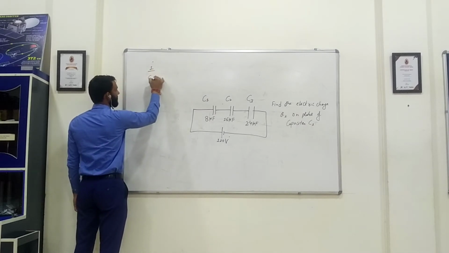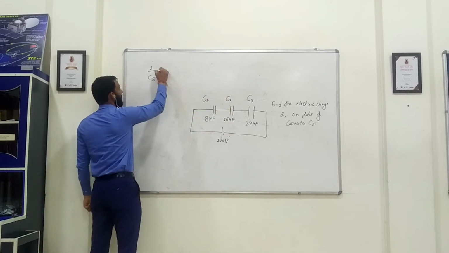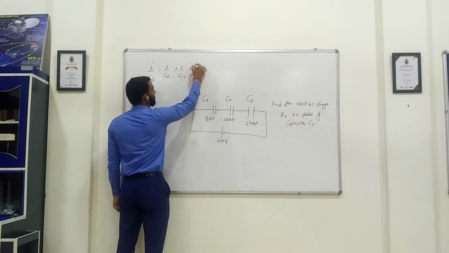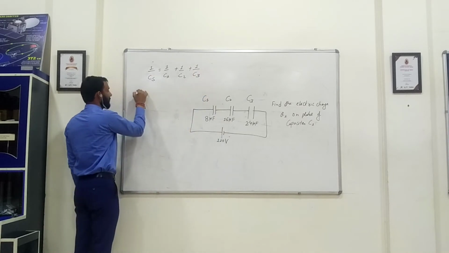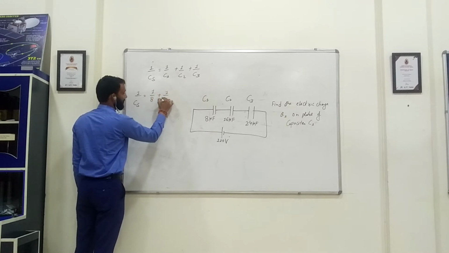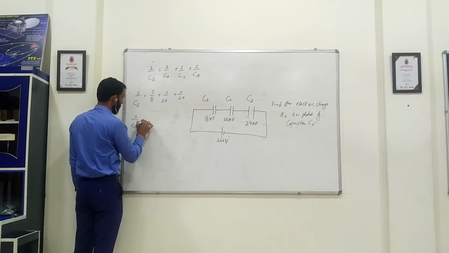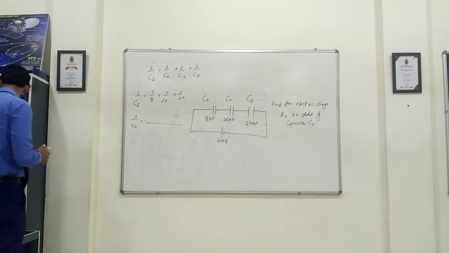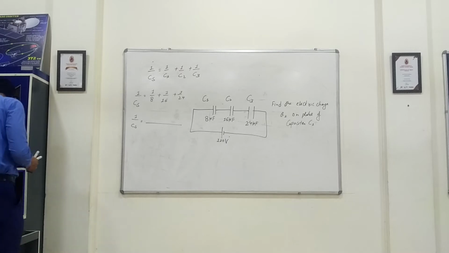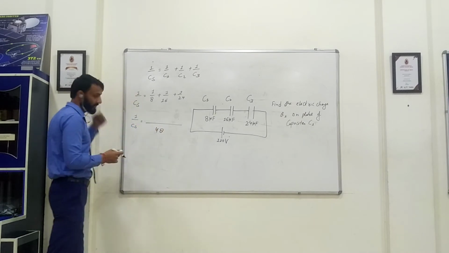So 1 upon Cs, now I am not writing C1, C2, C3 because it is already given in the diagram. 1 upon Cs is equal to 1 upon C1 plus 1 upon C2 plus 1 upon C3. So 1 upon Cs is equal to 1 upon 8 plus 1 upon 16 plus 1 upon 24. If you take the LCM, that would be 48.